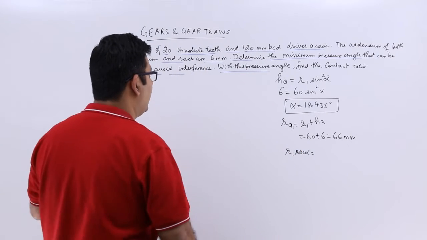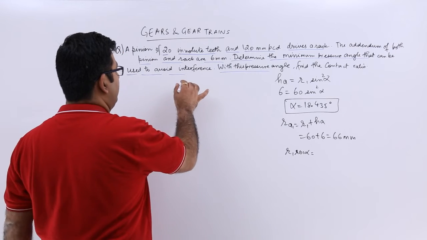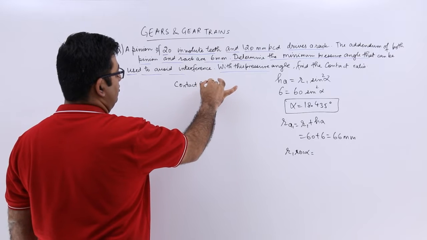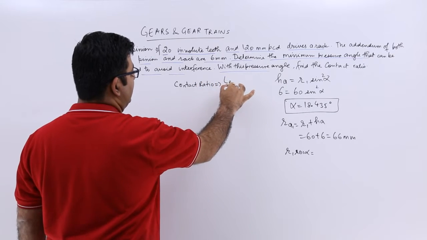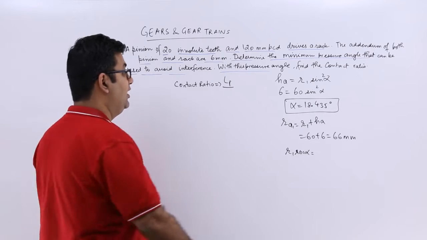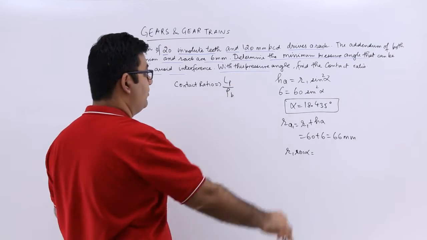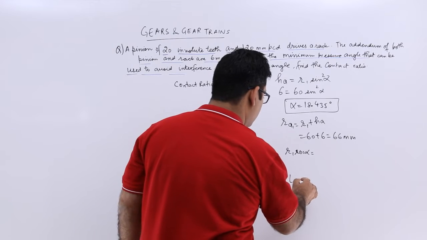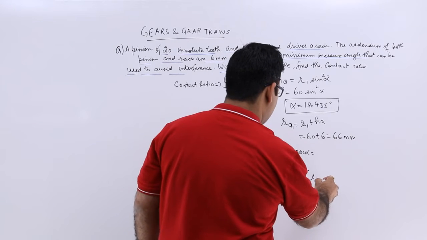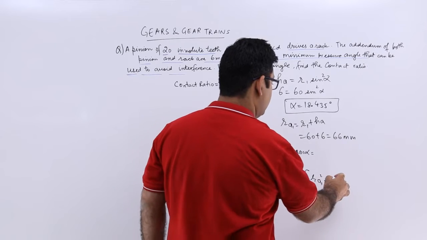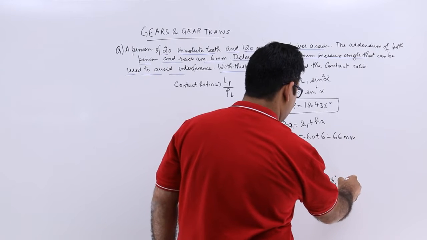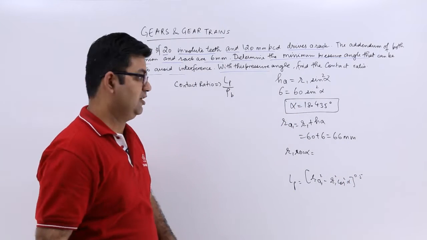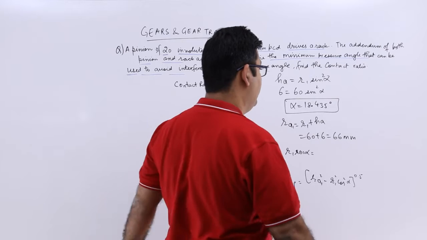Because I need to calculate the contact ratio, and for contact ratio, the formula is the length of path of contact divided by the base pitch. So for LP, the formula to be used is this: square root of RA1 square minus R1 square cos square alpha. So for this I need this particular value as well.